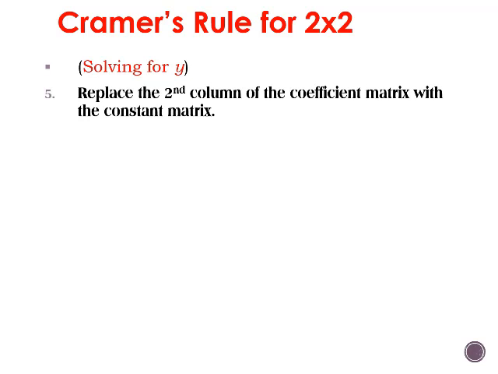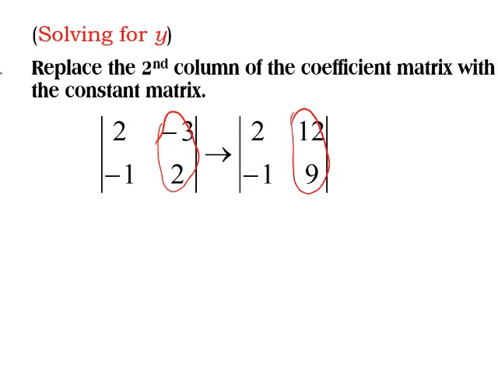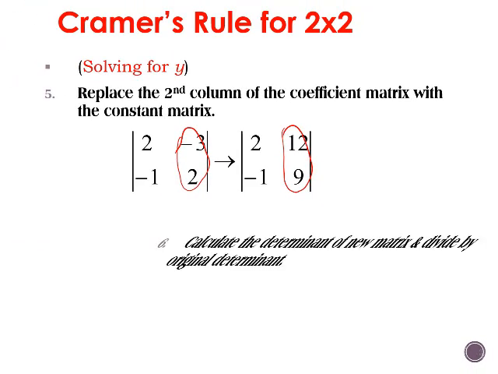We are now solving for Y. So doing that, we replace the second column of the coefficient matrix with the constant matrix. As we can see, the first column has been maintained and the second column has been replaced. That is, -3, 2 has been replaced with 12, 9, which is our constant column. Very good.